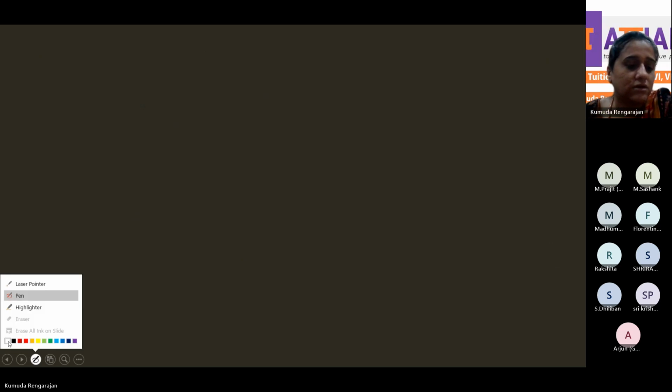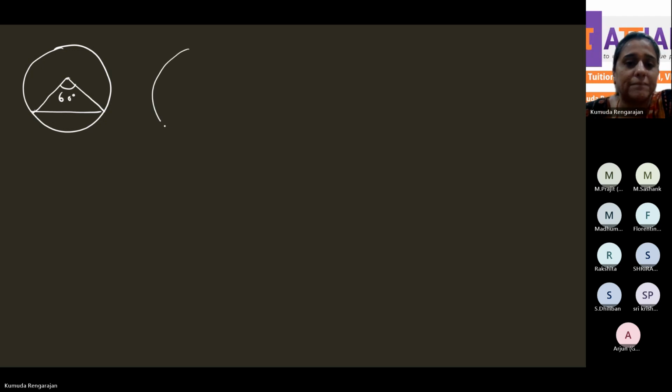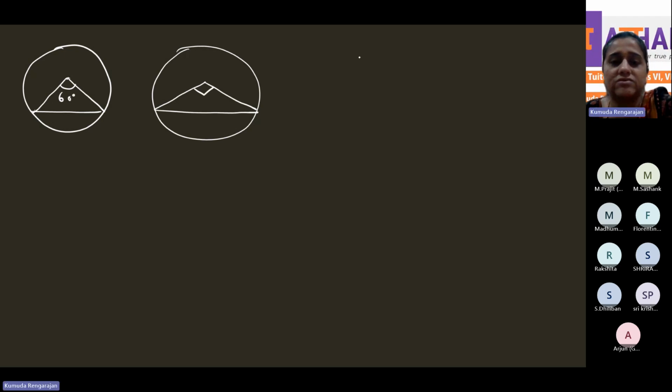Now, how do we find the area of the triangle? We will be coming across only 3 cases. Case 1, when the sector angle is 60 degrees. Case 2, sector angle 90 degrees. Case 3, sector angle 120 degrees.